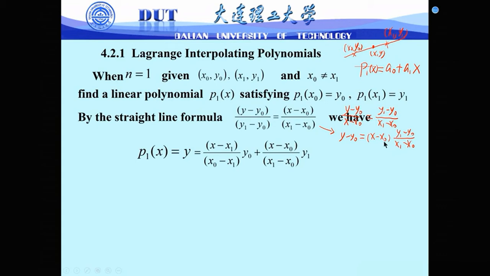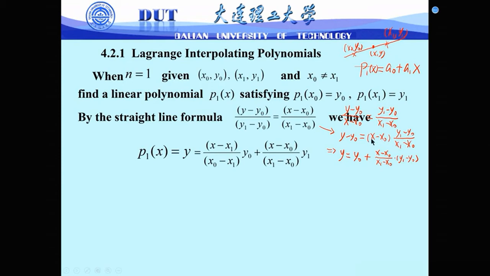Now continue, then we obtain y equal to y0, moving this term to here, plus (x minus x0) divided by (x1 minus x0) multiplied by (y1 minus y0).